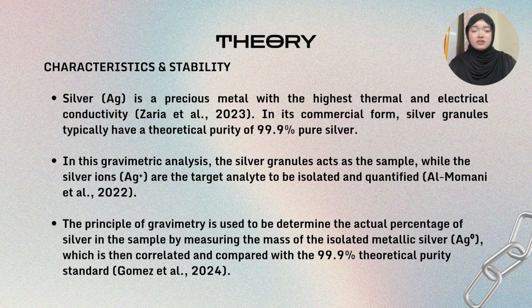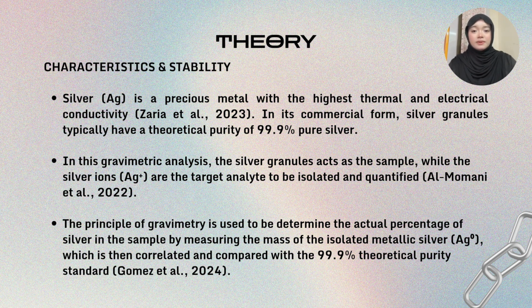Secondly, in this gravimetric analysis, the silver granules serve as our sample, while the silver ions are the target analyte that we aim to isolate and quantify. Finally, the core principle of gravimetry here is used to determine the actual percentage of silver within the sample.